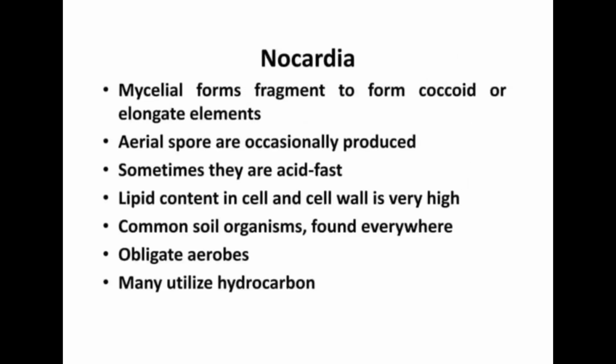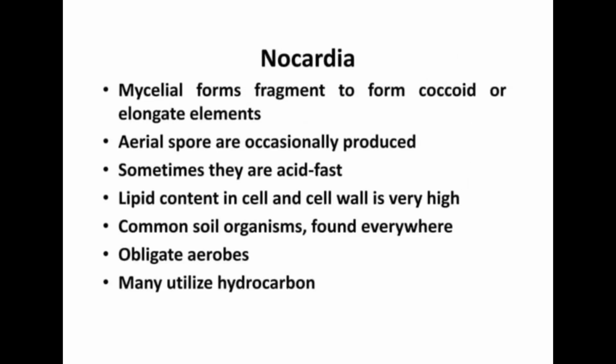And Nocardia. The first organism we studied under actinomycetes is Streptomyces, and the next one is Nocardia. This is also a mycelial form, and they also form aerial spores. Sometimes they are acid fast. Acid fast means the lipid content in the cell wall is very high.